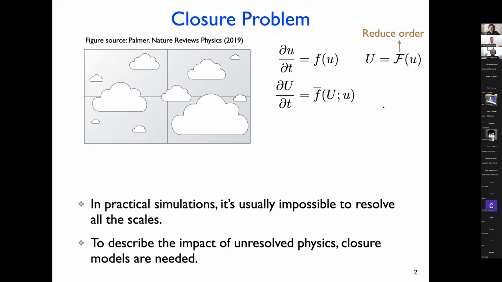So in order to close the system for numerical simulation, it is common to introduce an approximation f tilde, and we hope that f tilde only depends on the reduced order state capital U, but can well approximate the true dynamics of the reduced order state, the F bar.